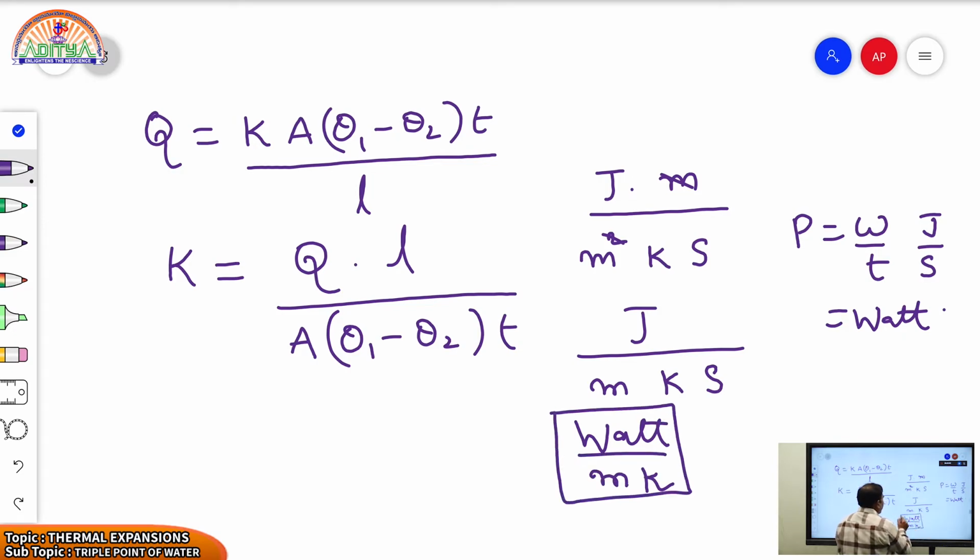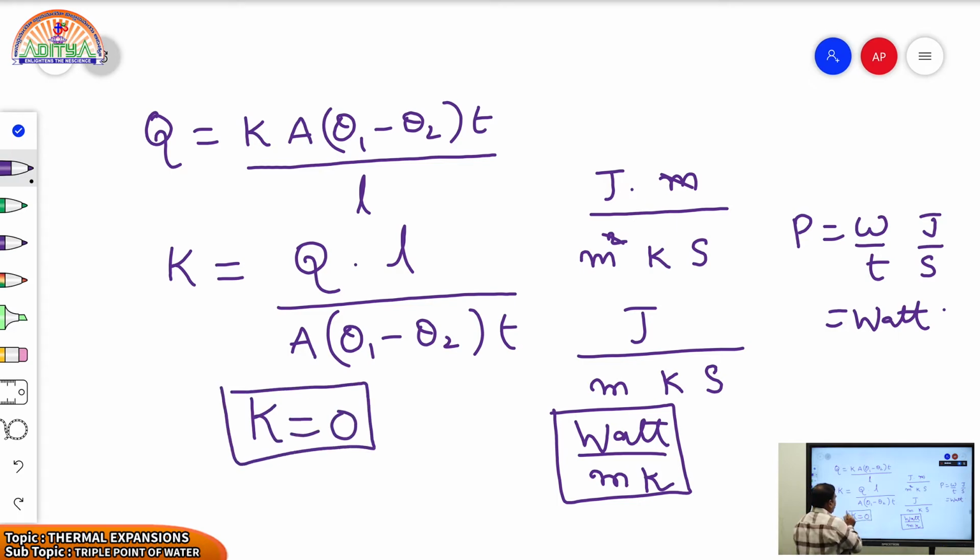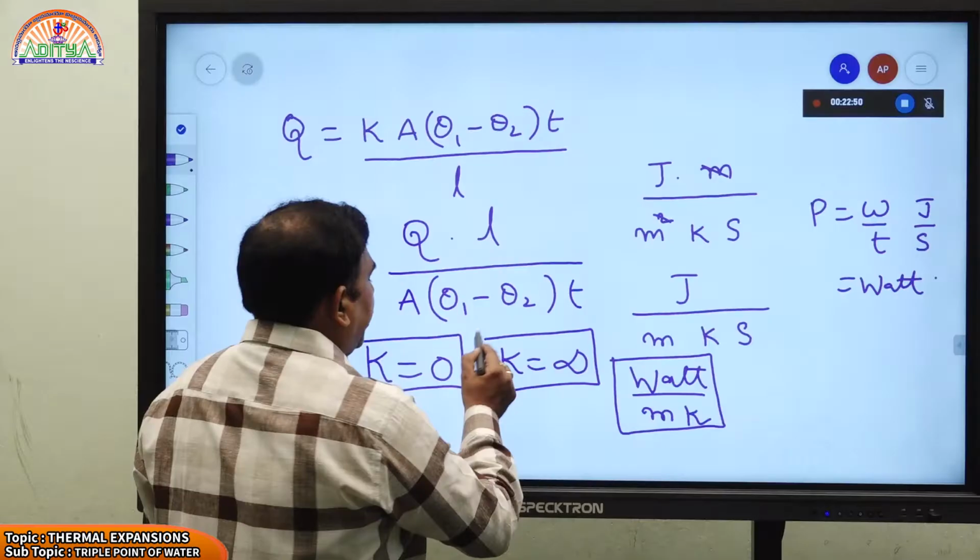This is the SI unit of thermal conductivity, and for insulators its value is equal to 0, whereas for conductors its value is equal to infinity.